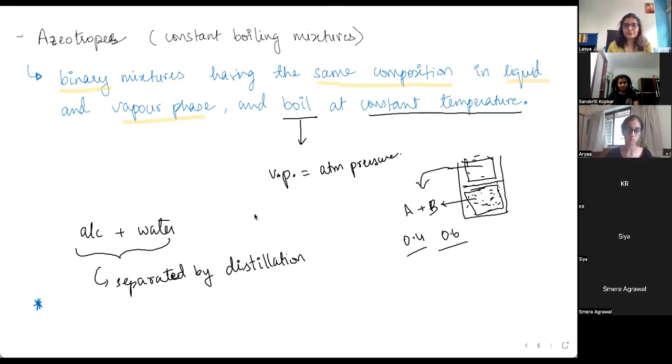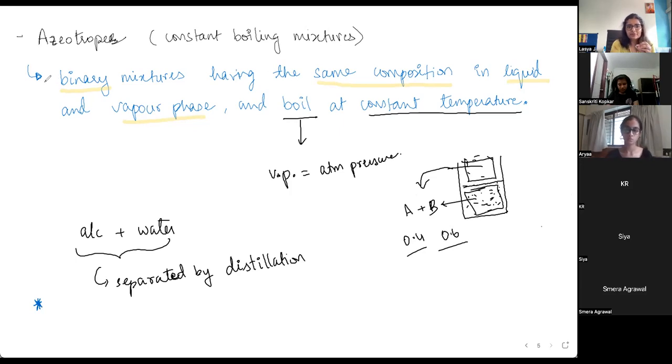So it's important to know, when you have a binary mixture, when is that an azeotropic solution. This happens only at specific composition at a specific temperature. This is the characteristic it takes on.